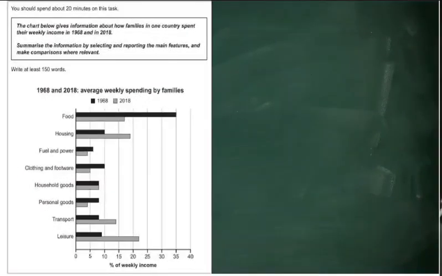So this one's about information about how families in one country spend their weekly income in 1968 and in 2018. So you have specifically 2 years given, 1968 and 2018. 2 different years, right? And you're supposed to summarize the information by selecting and reporting the main features and make comparisons, again, where relevant.